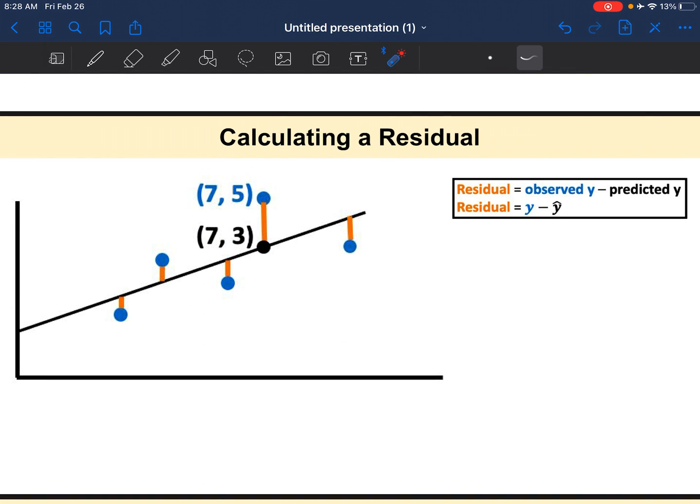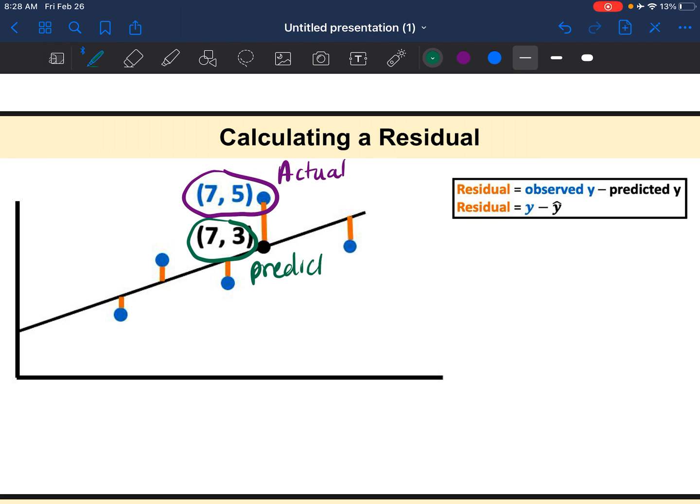So let's think about some actual values here. This is my actual. That is the point that I actually have. And this is my predicted, because this is the point that is on the line.